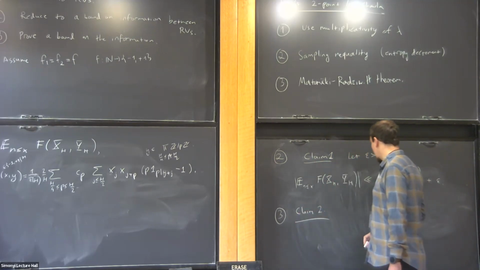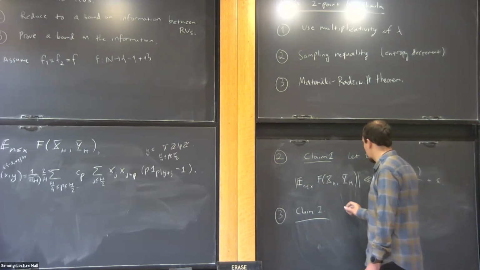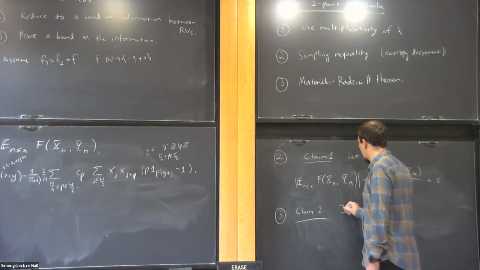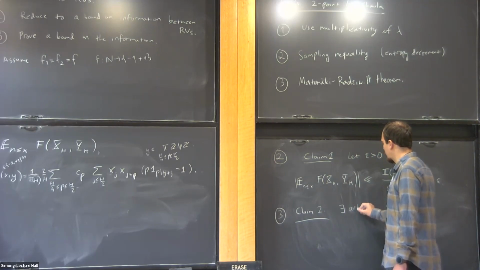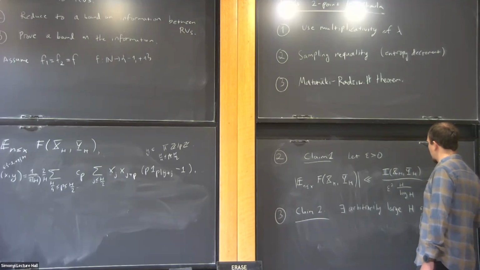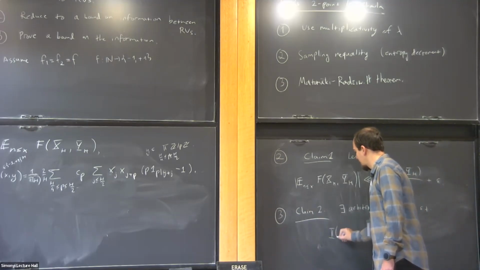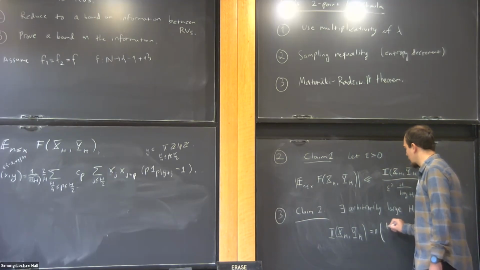So the claim in step 3 is that you can bound the information. There exist infinitely many h, so arbitrarily large h, such that the mutual information is little-o of h over log h.